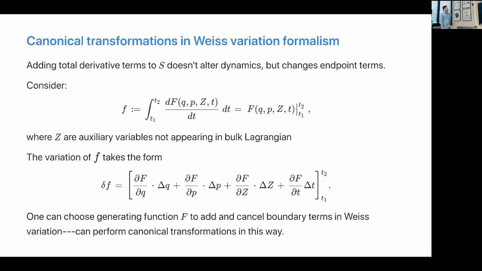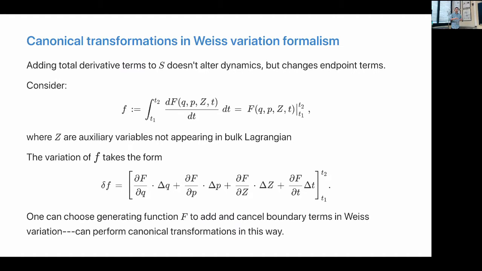I mentioned canonical transformations, and this is not really a derivation of canonical transformations. It's just an explanation of how they fit in. One thing that you might say is that, well, if I add endpoint terms or total derivative terms, I'll change the boundary terms in the variation of the action.